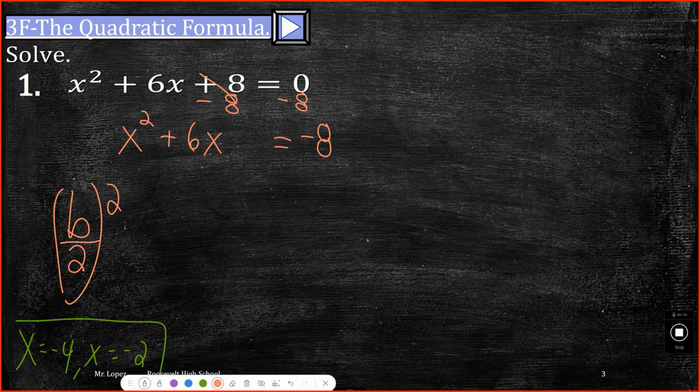For this, b is 6. Divide 6 by 2, then square it. 6 divided by 2 is 3, and then 3 squared means 3 times 3 is 9.